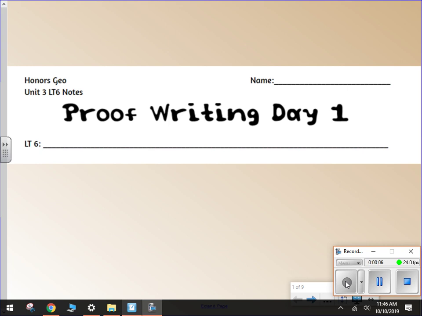Today we're doing proof writing day 1. This is learning target 6. I can prove statements using formal proof arguments with parallel line properties.